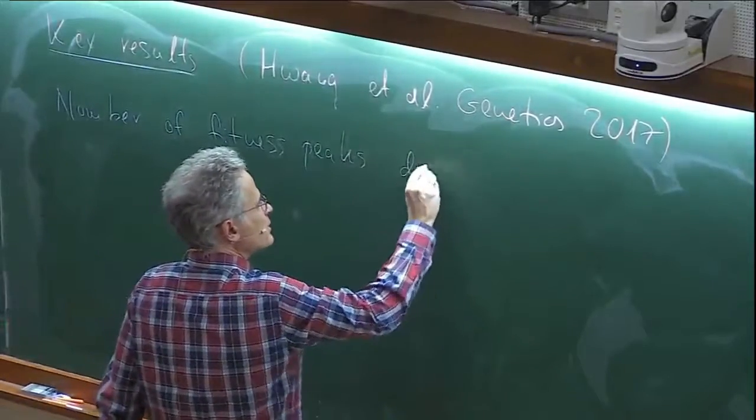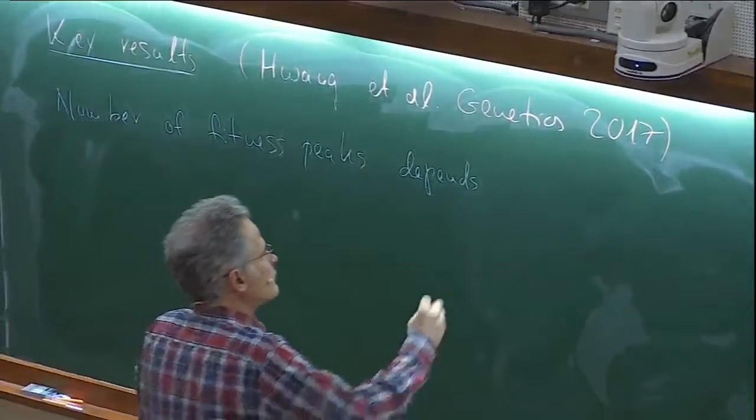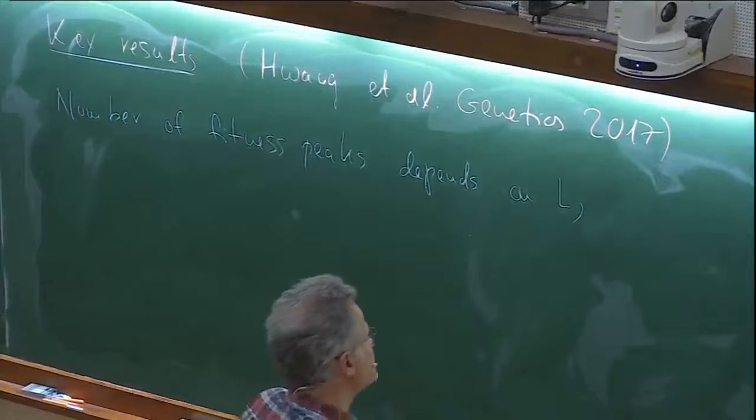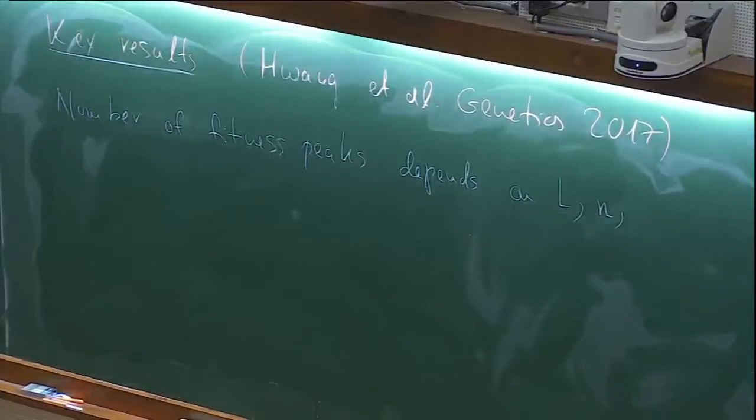And it depends essentially on two parameters, or three. Of course, it depends on L, as usual, the number of loci. It depends on the phenotypic dimension N, and it depends on the degree of maladaptation, which is just the distance of this initial point from the optimum.